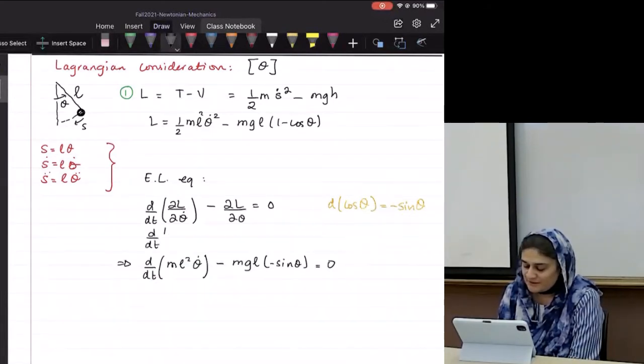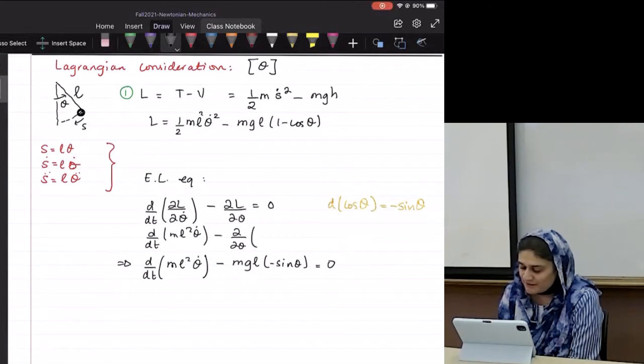So d over dt of m l squared theta dot minus partial over partial theta of minus m g l plus m g l cosine theta.